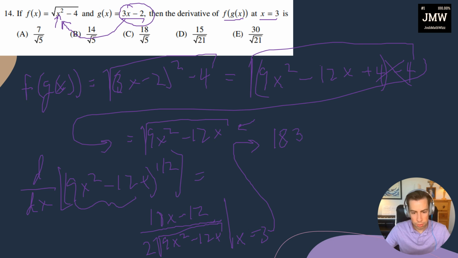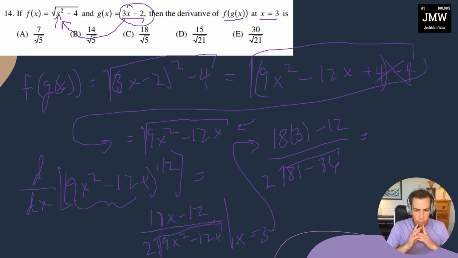I have 18 times 3 minus 12, divided by 2 times the square root of 9 times 3 squared, so that's 81, minus 3 times 12, which is 36. 18 times 3 is going to be 54.